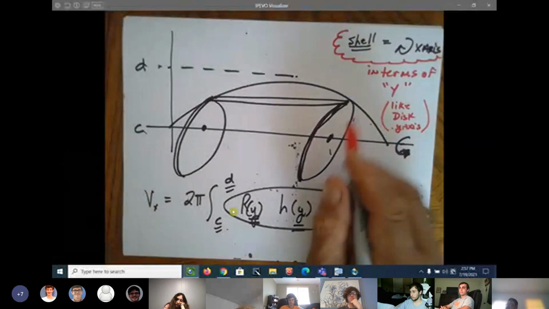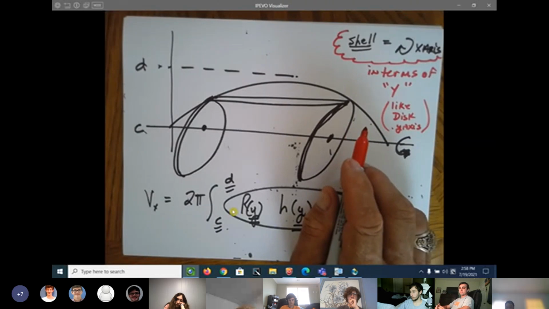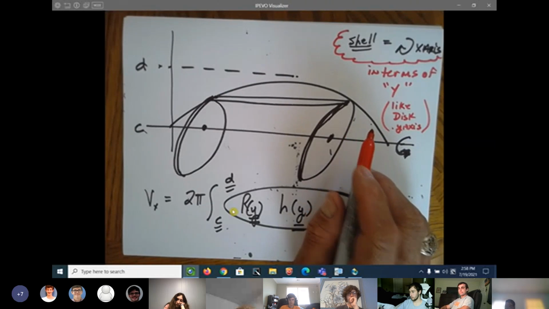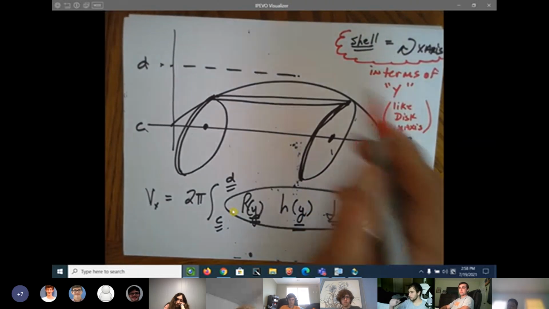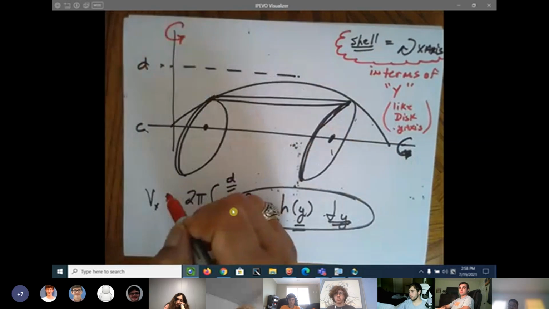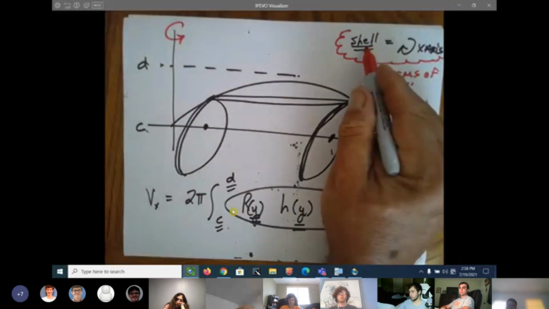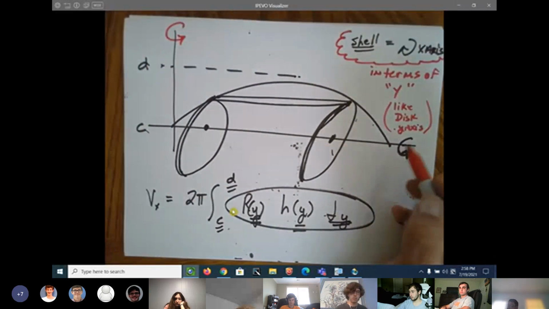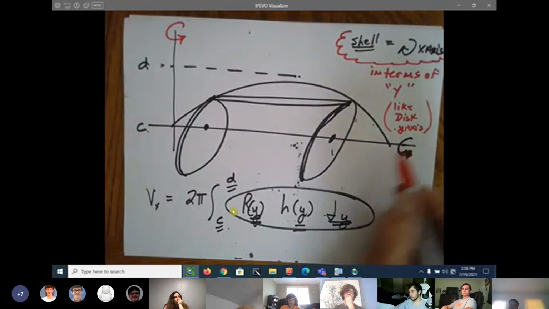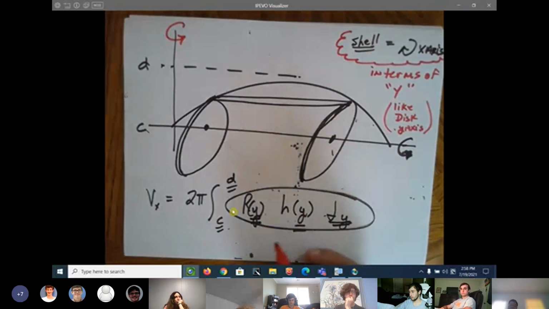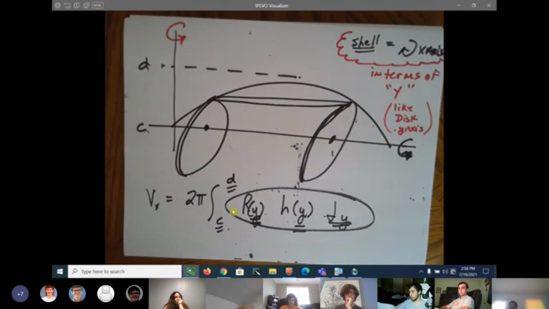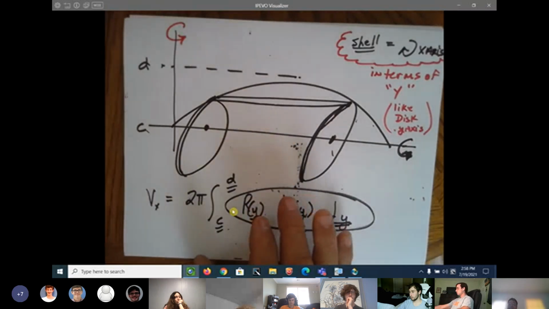Okay? So when you're doing a disk or a washer, you have to do in terms of y when it's around the y-axis. When you're talking about a shell, you have to do it when it's around the x-axis. You have to get everything in terms of y. And that's just because that's the nature of the beast.